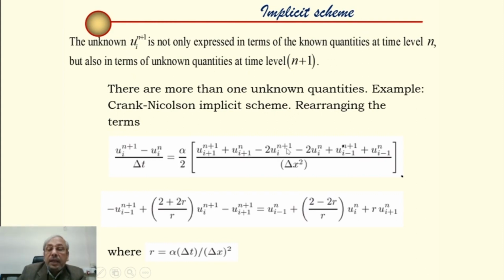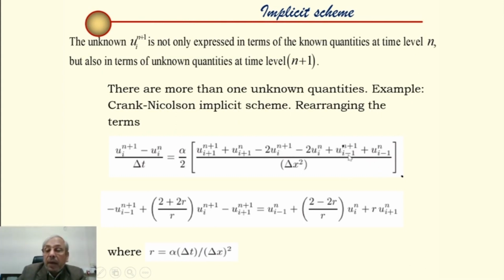Then ui at the n plus 1th level minus twice ui n plus 1, minus twice ui at the nth level. So at every i location, whether i plus 1 or i minus 1, it is basically the summation of the n plus 1 and nth level, divided by 2.